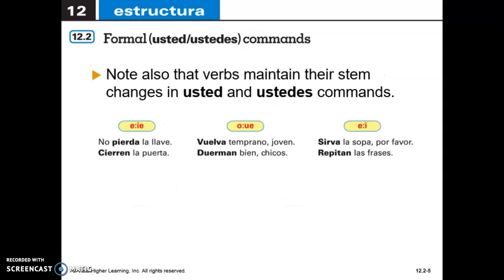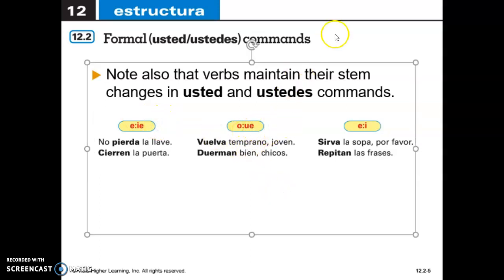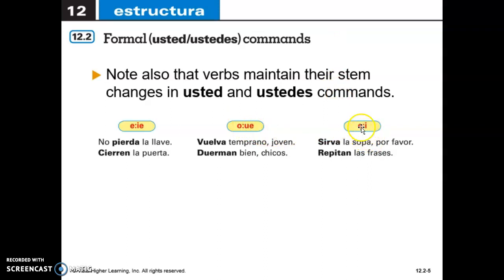As I mentioned before, whenever we have a stem changing verb, we will keep that change whenever we give a command, okay? Just as a reminder, we have three groups of stem changing verbs: the ones that go from E to IE, the ones that go from O to UE, and the ones that go from E to I, okay?